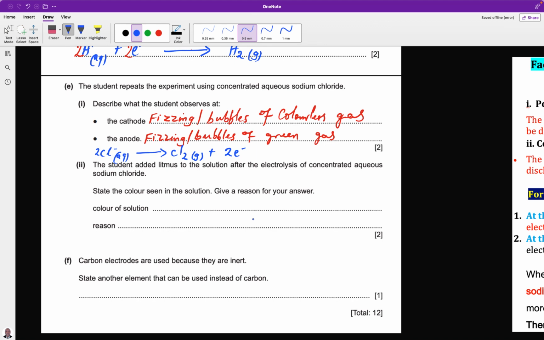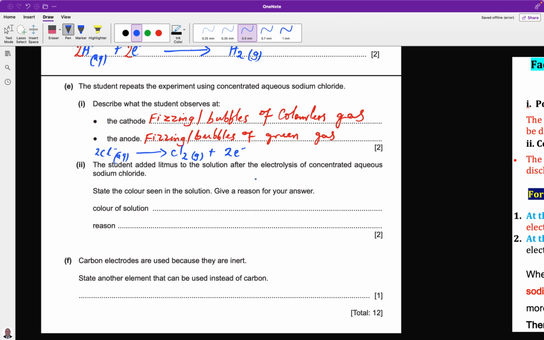Now, the litmus here, since it is sodium chloride, the sodium chloride is dissolved in water. We will have sodium hydroxide and hydrogen chloride.